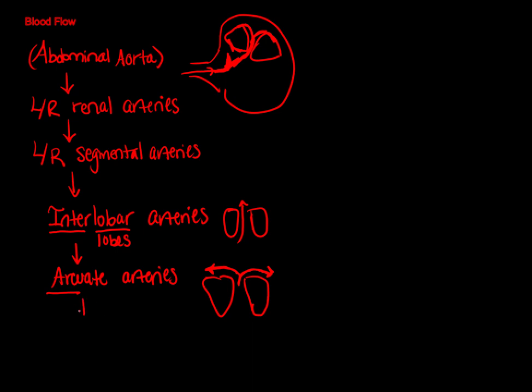So then from the arcuate arteries, if this huge portion is the lobe, remember what we do with cutesy things, so baby versions, tiny versions of things. Above each lobe, the cortex can also be divided into little lobules on top.